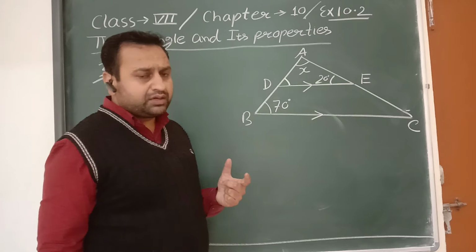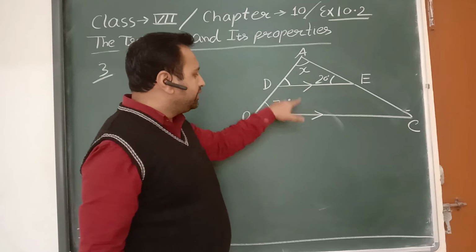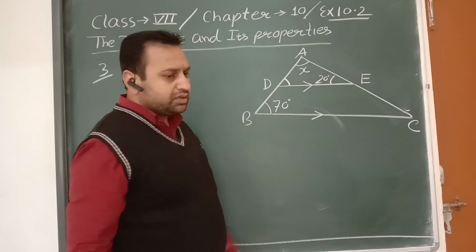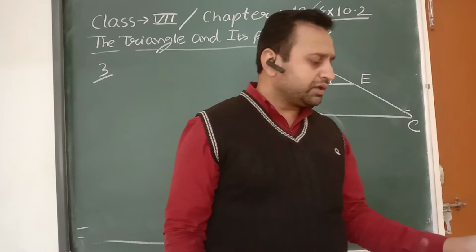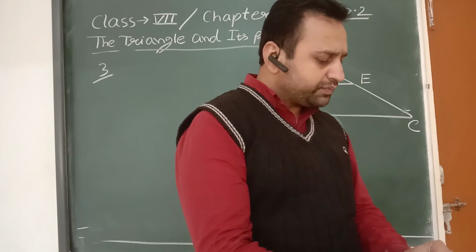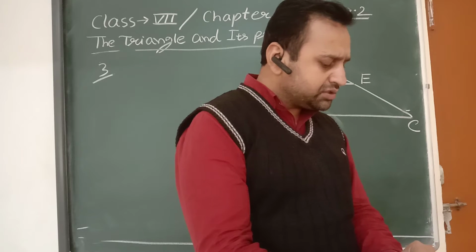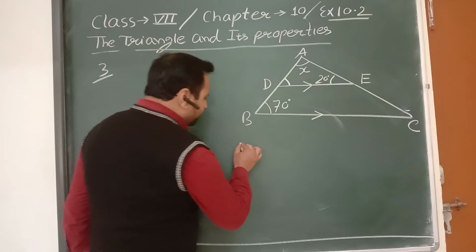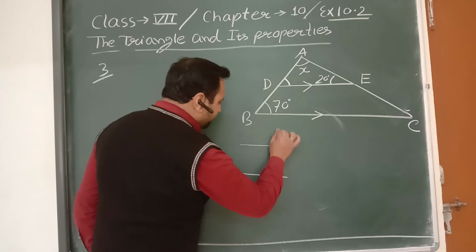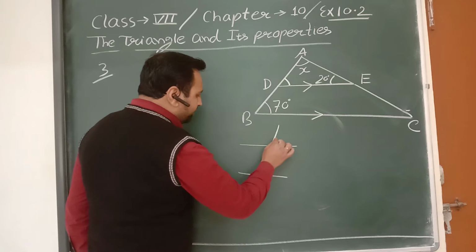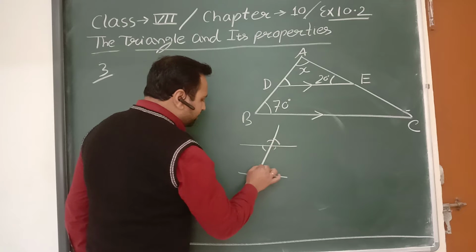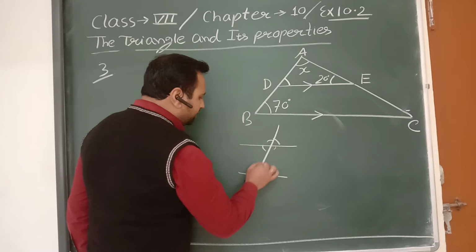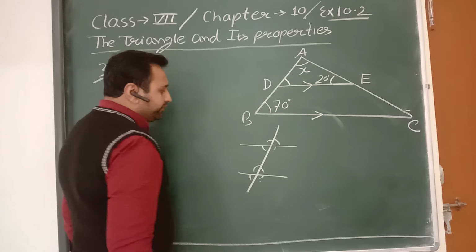To find angle D, because both lines are parallel with a transversal. In the chapter lines and angles, chapter number 9, we discussed that when two lines are parallel and a transversal cuts them, there are 8 angles, in which 4 angles are interior and 4 angles are exterior.